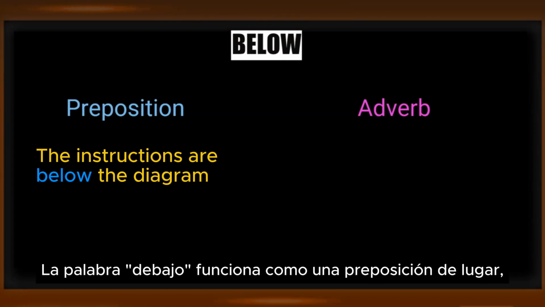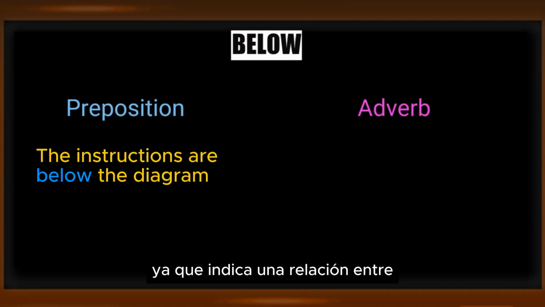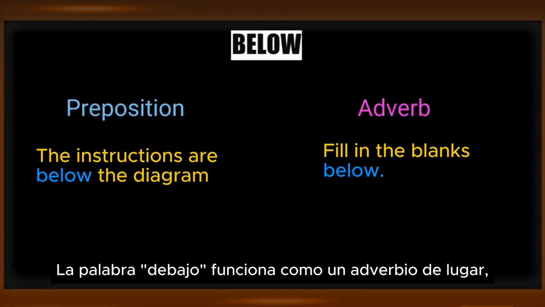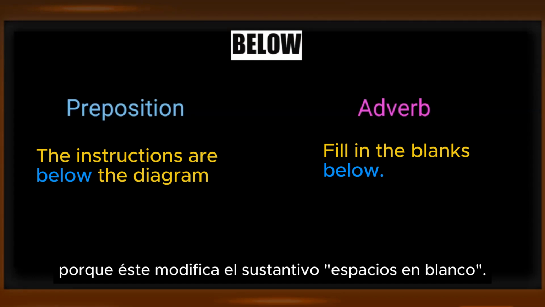The word below functions as a preposition of place, since it indicates a relationship between the instructions and the diagram. But in the sentence, "Fill in the blanks below," the word below functions as an adverb of place because it modifies the noun blanks.